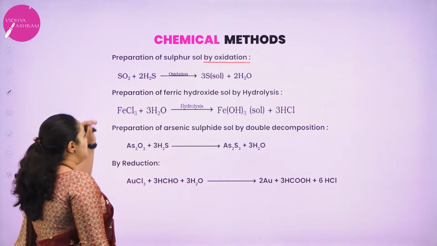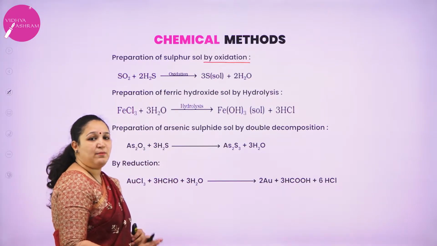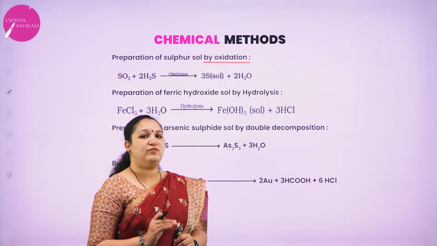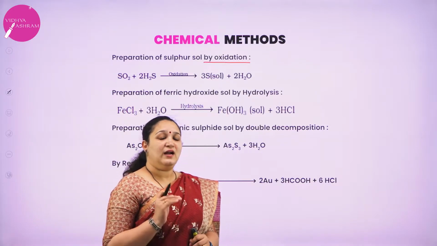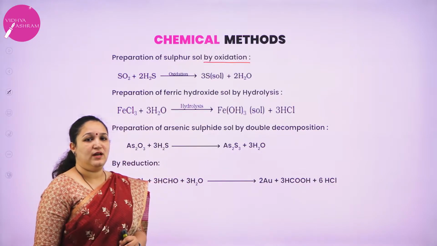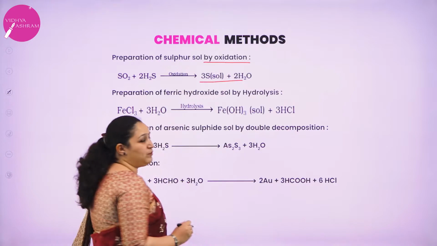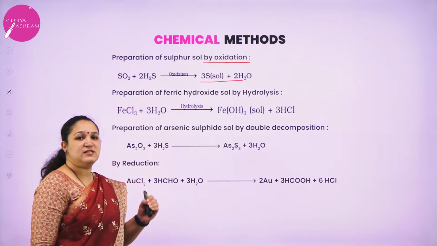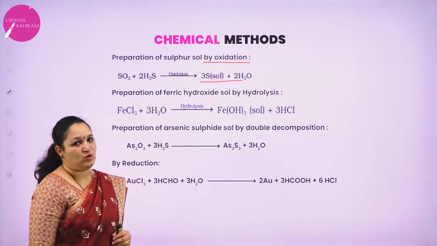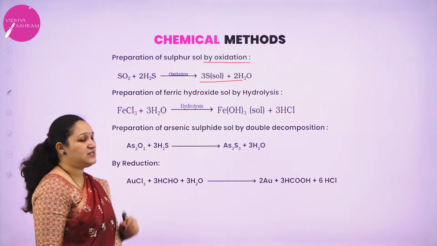Here sulfur dioxide gas is bubbled through hydrogen sulfide solution. It will undergo oxidation reaction and sulfur sol is produced. Okay, we get sulfur colloidal solution. That's the first method.